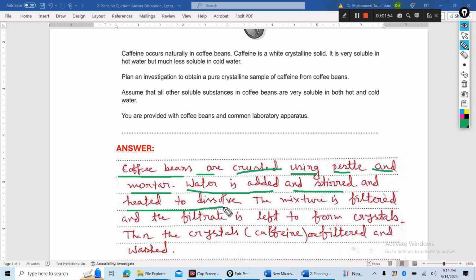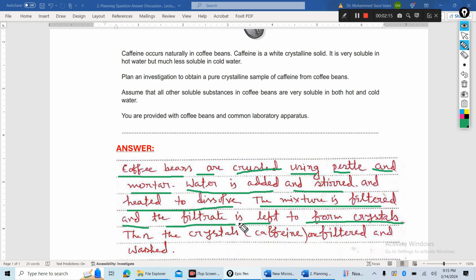Then it is heated to dissolve. If you give heat, caffeine will dissolve and other soluble substances also dissolve. Then the mixture is filtered and the filtrate is left to form crystals.